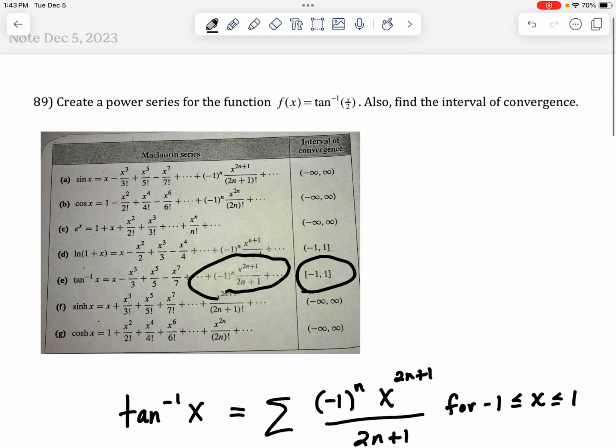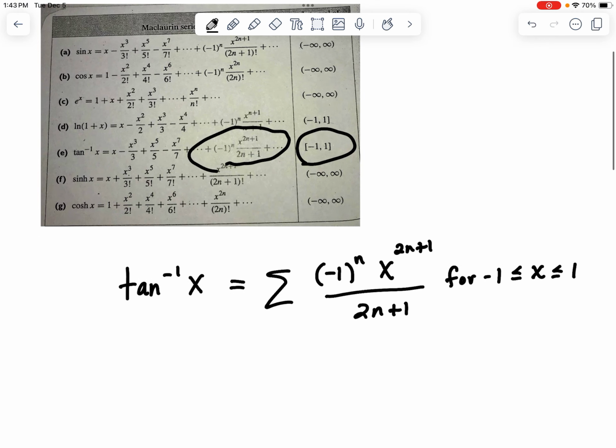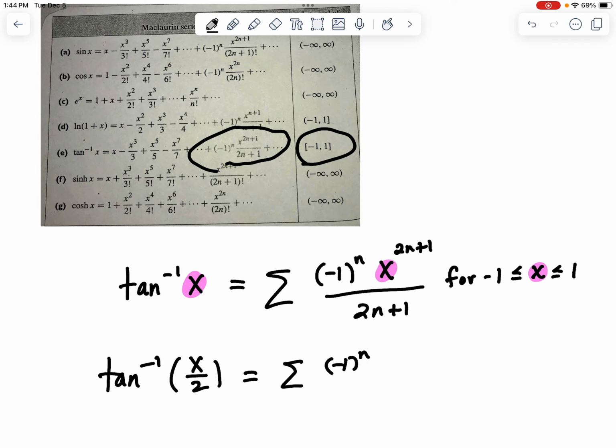And then basically we just need to replace the x with x over 2. So now every place that there is an x, replace all of those x's with x over 2. So for tangent inverse of x over 2, the series will be negative 1 to the n, and then replace x with x over 2.